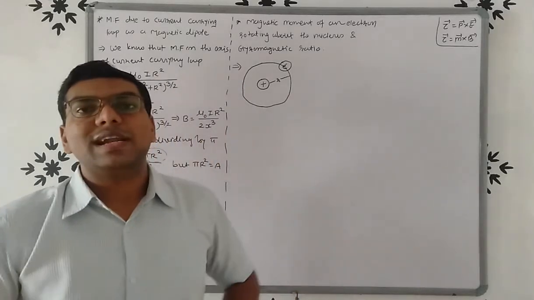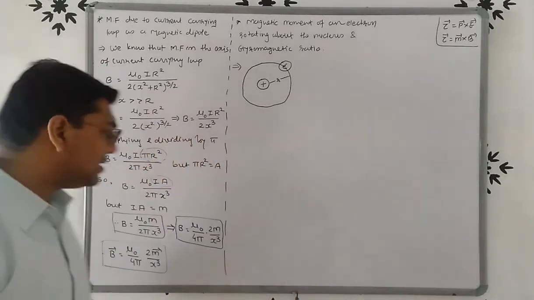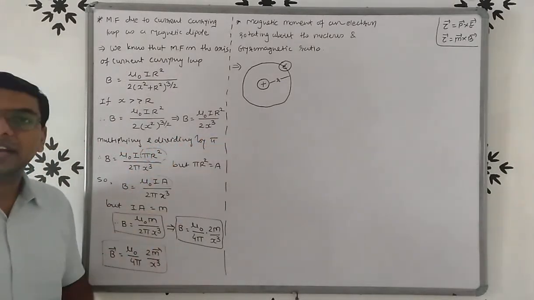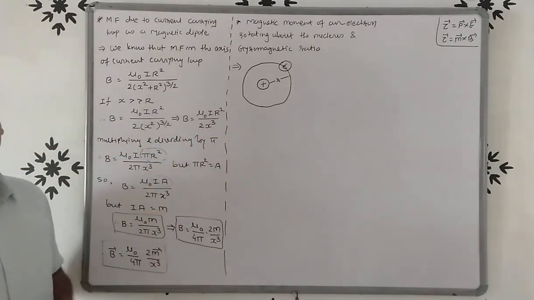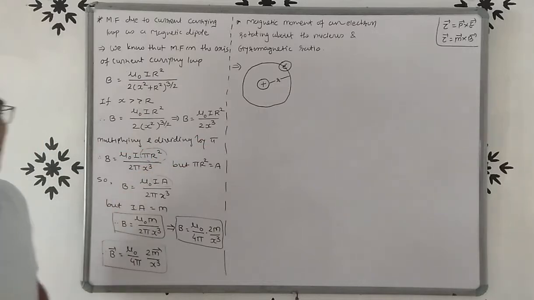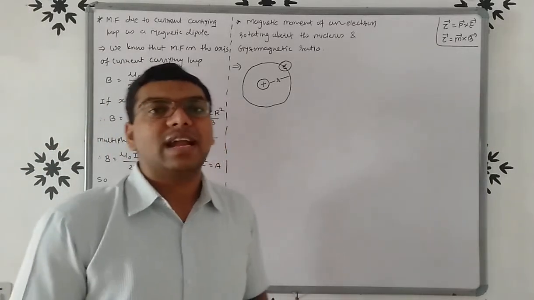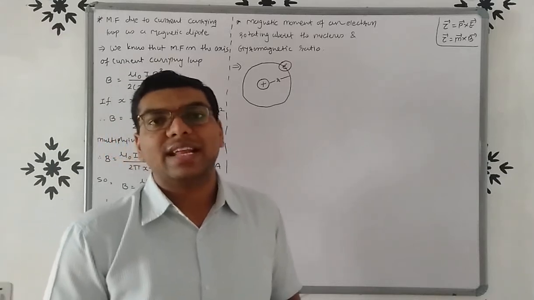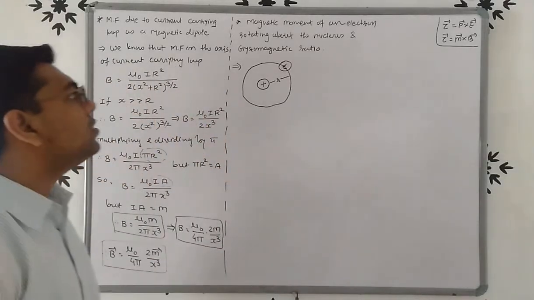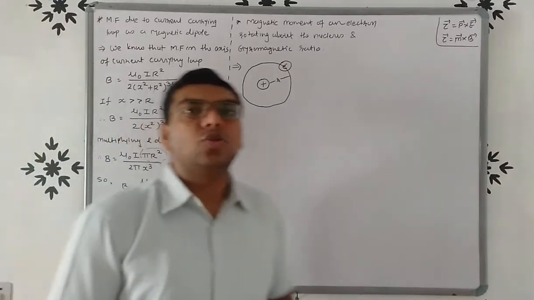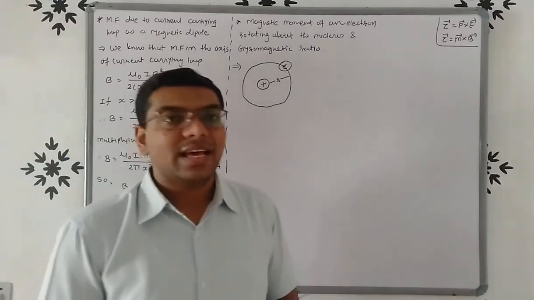So we have to find the current, then the area. If we are able to find the current and area, then we can easily find the formula of magnetic moment. So first of all, to find the current, we already know that Q is equal to IT, right?